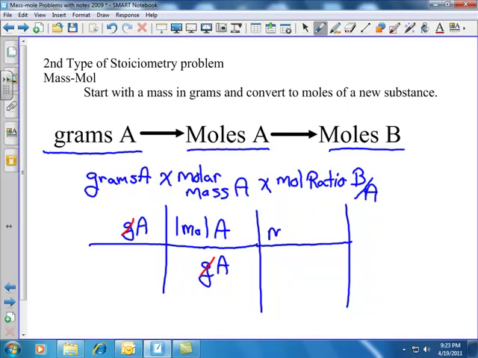So in my T box, I would take moles of B divided by moles of A. Now moles of A cancels out, and when all is said and done, that's going to give you moles of B. So really, all we are doing is adding one step that we've been doing for quite a while now. We've been doing this first step of taking grams of A times the molar mass a number of times this year. In fact, that was one of the first worksheets you did on the back of the last lab.